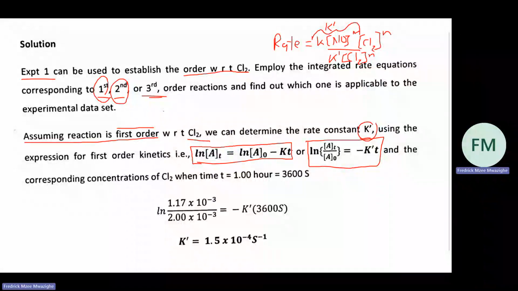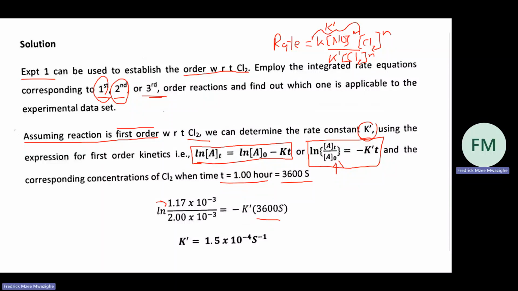Now, if we use this expression here, we consider our data set. We consider the concentration at time equals 1 hour, which is 3600 seconds. The corresponding concentration at 1 hour is 1.17 times 10 to the power minus 3, and the initial concentration is 2.0 times 10 to the power minus 3, equals minus K prime T, and T is 3600 seconds.